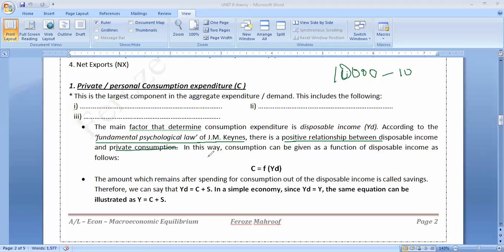If our disposable income increases, our consumption also will increase. If our disposable income decreases, our consumption also will decrease. Correct? No?